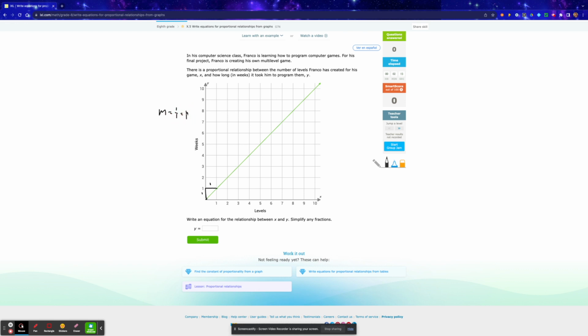It's just 1. So to get practice, all you need to do, you remember, and don't forget this. Equations for these are easy. It's y equals the slope times x. Since the slope is 1, this equation is simply y equals 1x.